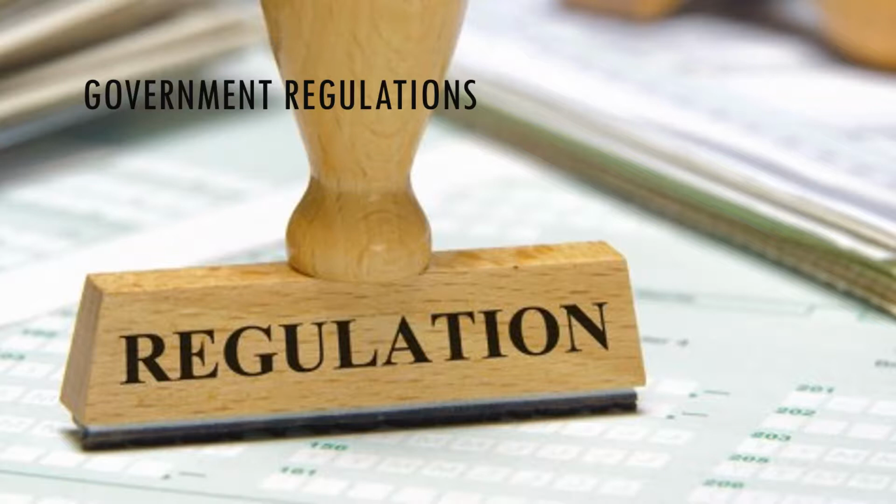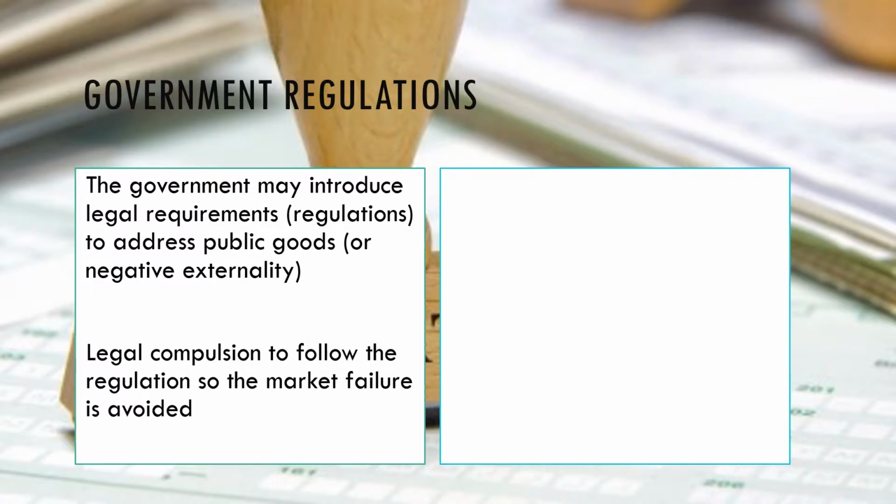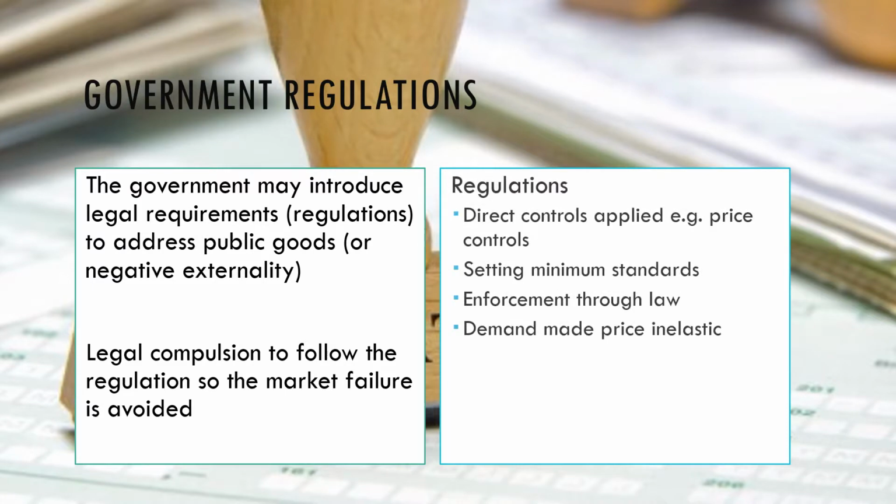Governments may also pass regulations, and this is where they use the law to enforce consumers or producers to behave in a certain way that addresses problems associated with public goods or negative externalities. They might make a legal compulsion, make it legally necessary to abide by a certain regulation so that market failure is avoided.